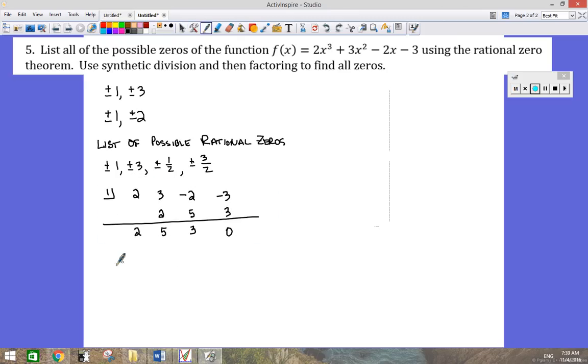So what does this tell me? Well, it tells me that this original third degree polynomial function, using this rational zero theorem, we can factor this.